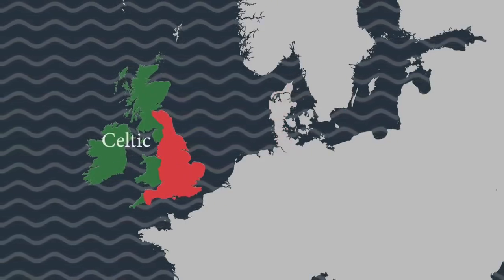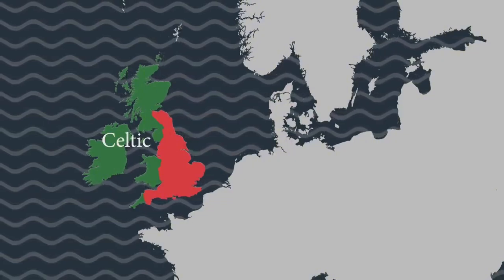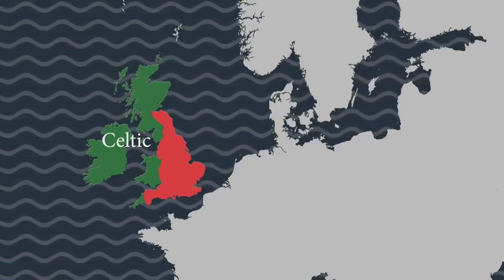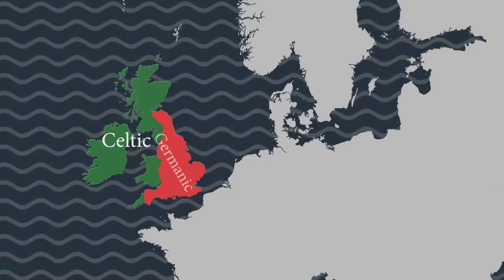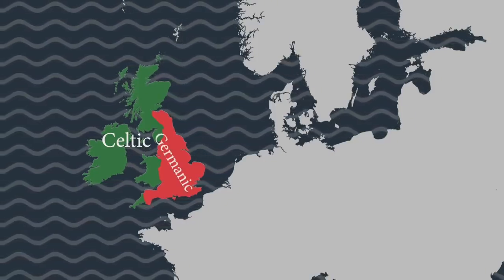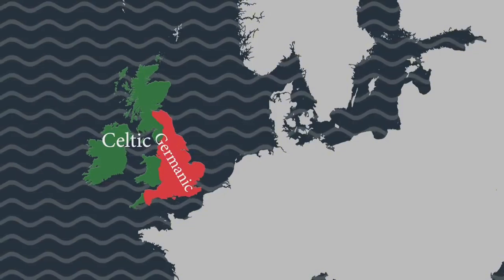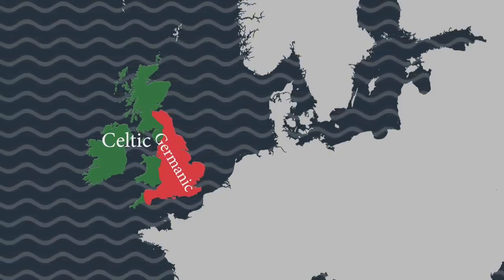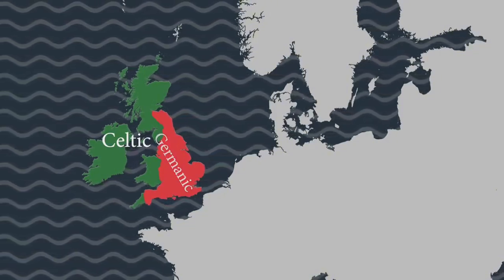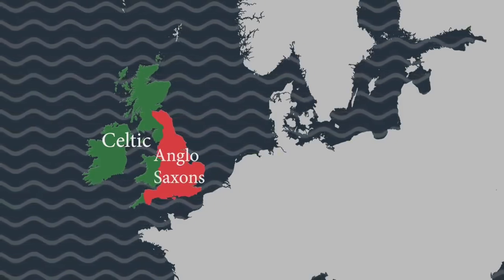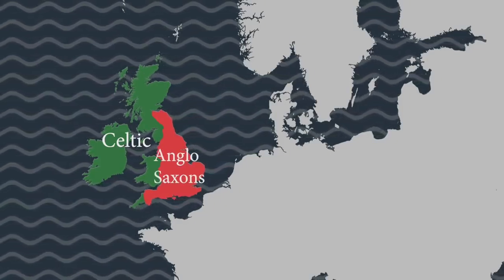Celtic speakers became concentrated in Wales, Scotland, and Cornwall, while the area we now know as England became culturally Germanic. The Germanic peoples in Britain, while from a number of separate tribes, eventually developed a common cultural identity as Anglo-Saxons. And with these Anglo-Saxons, our story truly begins.